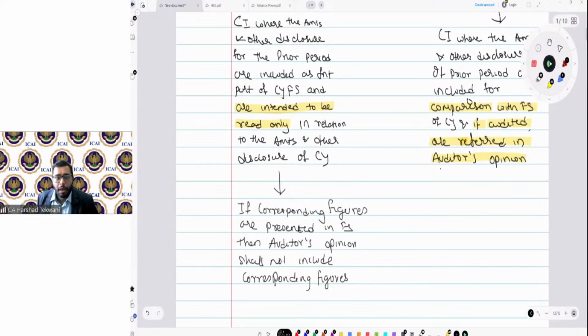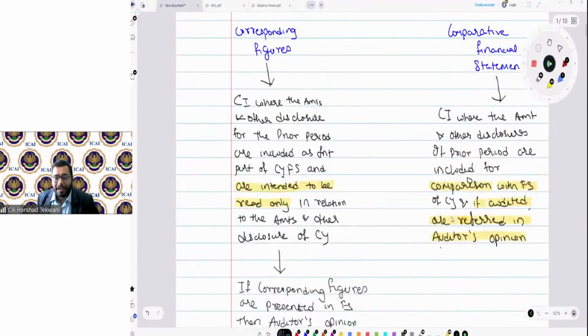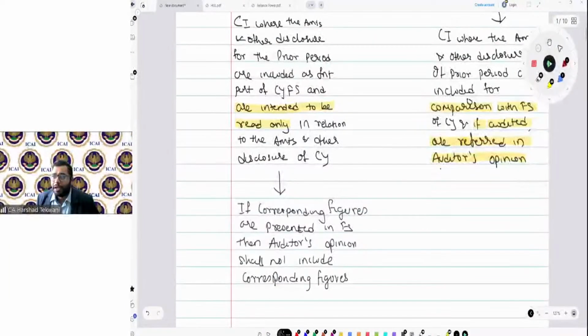See, it depends upon the purpose for which you are disclosing the numbers. If you are disclosing the last year closing numbers or current year opening numbers for comparison purpose, it will become a comparative financial statement. But if you are disclosing only for a particular item and it's only for read only purpose, then it becomes corresponding numbers.